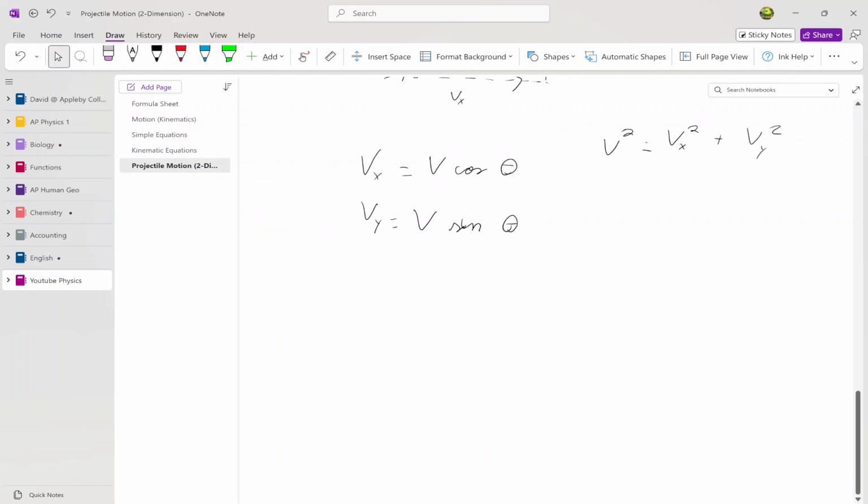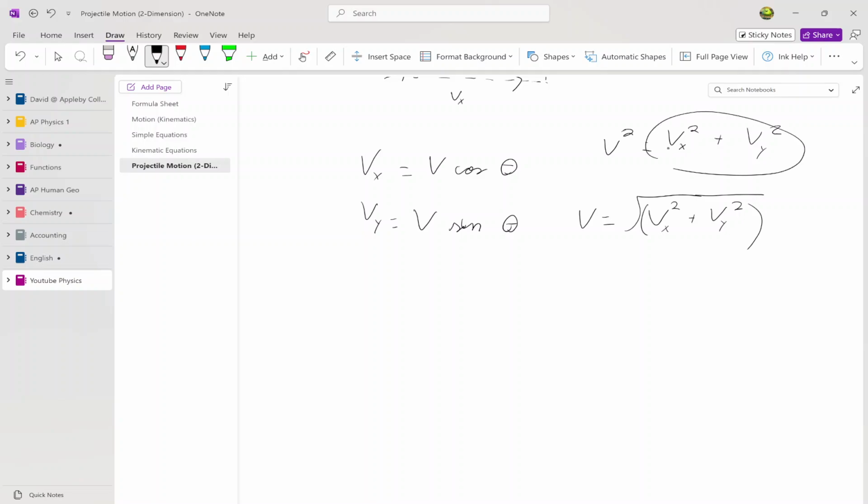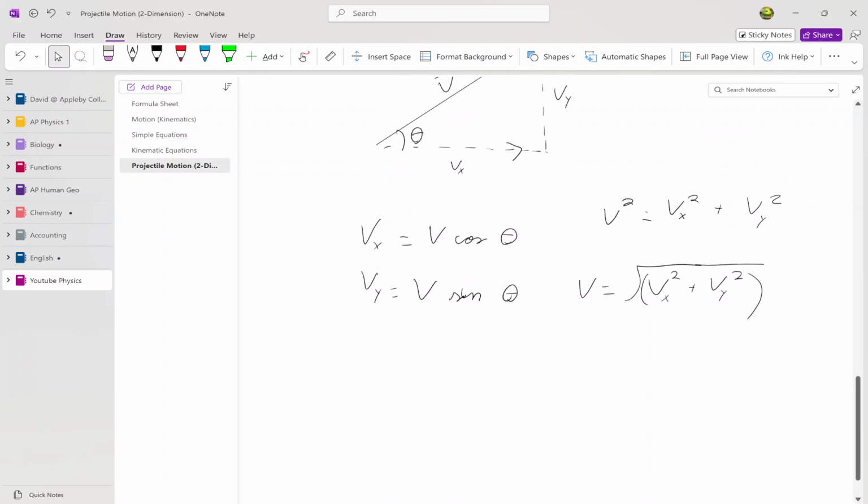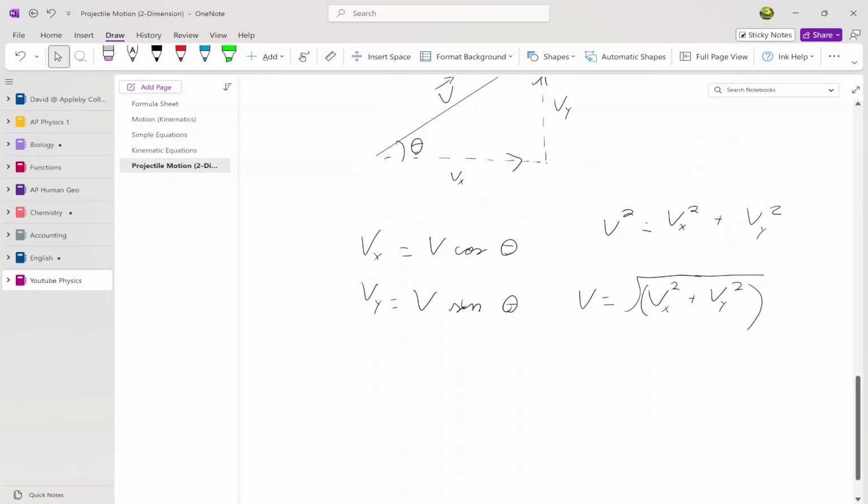Most of you may already do this, but you just do vx squared plus vy squared, and then square root the total answer. That skips the step of getting each one, adding them, and then square rooting the whole thing. I prefer this method a lot. It saves a lot of time, but it can introduce some variable errors, so make sure to always show your steps.